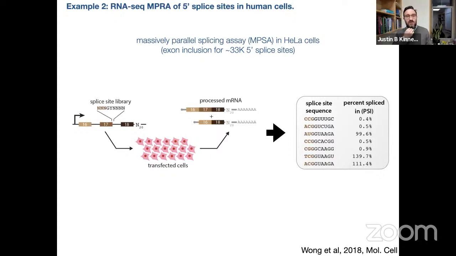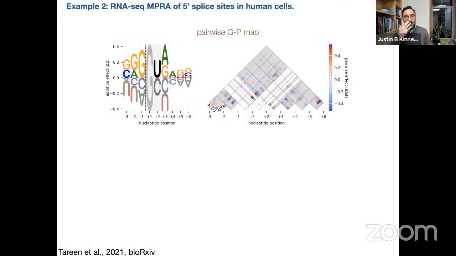Here we used a mini-gene reporter assay to measure the percent spliced in values from essentially all 33,000 possible 5' splice sites. And we did this in human cells. So for each 5' splice site sequence, we got a percent spliced in value. It's continuous data. So we did a GE regression, but now this time with a pairwise genotype-phenotype map.